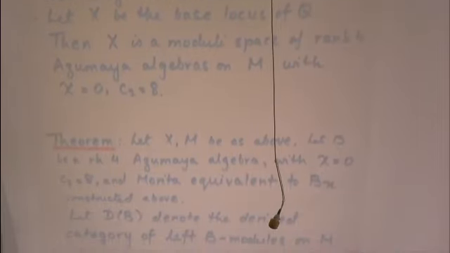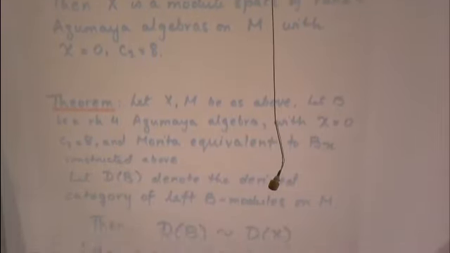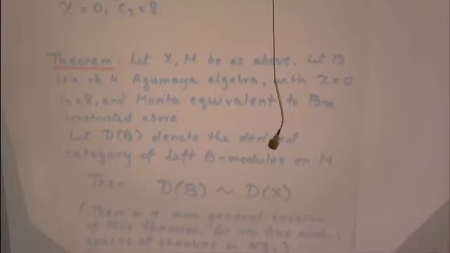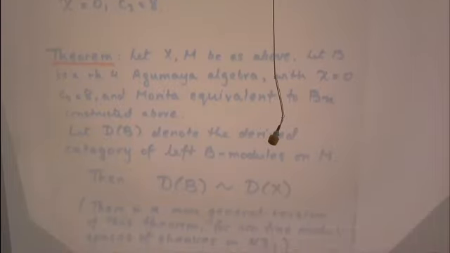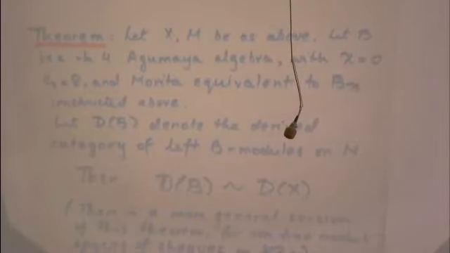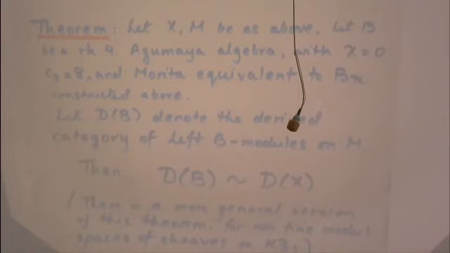So you take X and M as above, you take B, a rank 4 Azumaya algebra with the same Chern constraints and Morita equivalent to any one of the B sub X that we've constructed above, and you take the derived category of left B modules on M. Then the derived category of B modules on M is equivalent to the derived category of OX modules on X. So there is a derived equivalence as well.